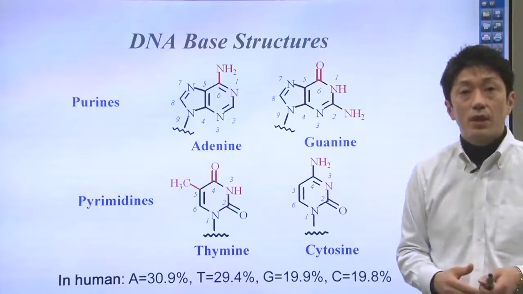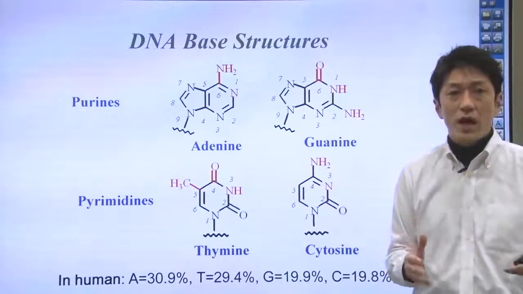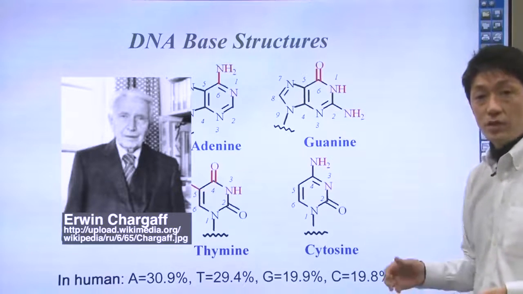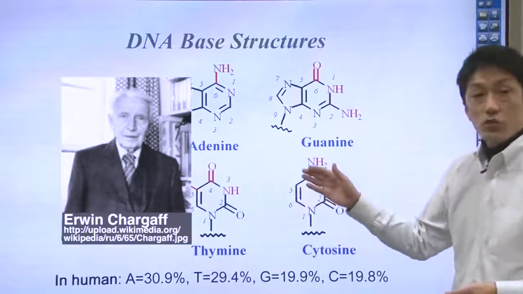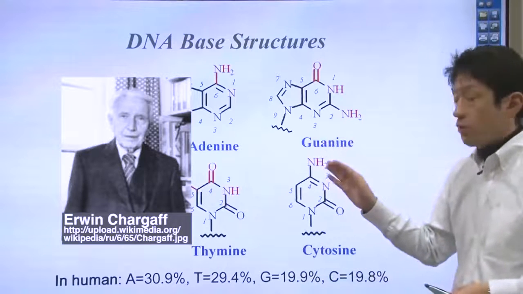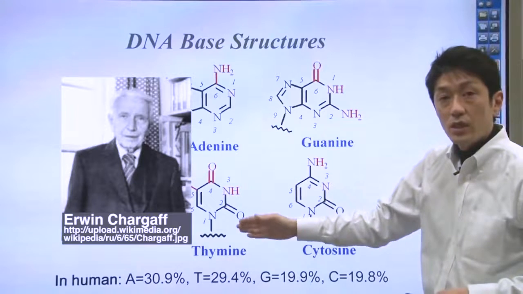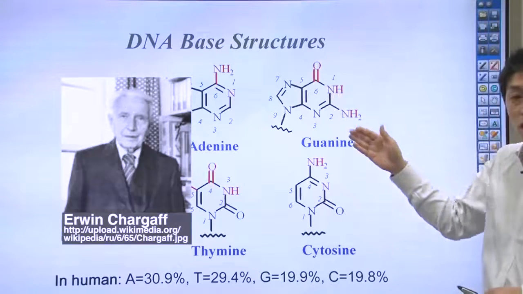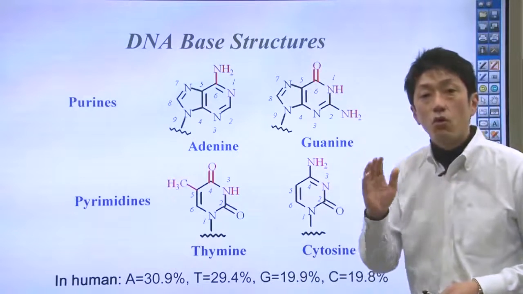Dr. Chargaff first discovered at Columbia University in 1950 that when a DNA strand is broken down, the numbers of A and T, or the numbers of G and C, are almost the same at all times.